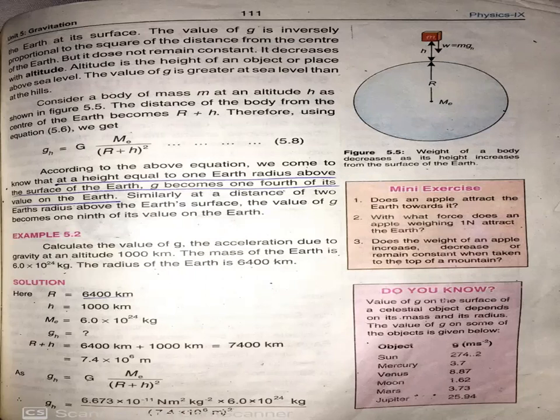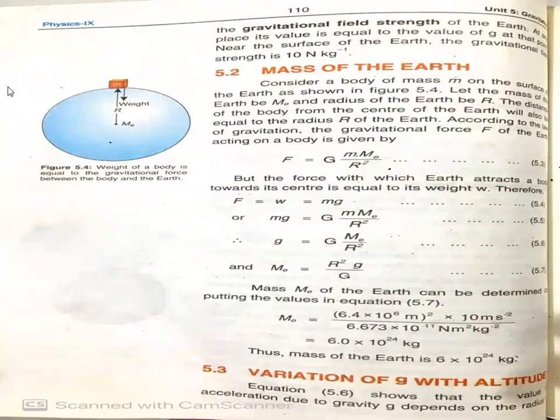In the last example, if I show you this formula, g is equal to G me over r square. In this case, acceleration due to gravity g depends upon the square of the distance. Since r is in the denominator, the relation between g and r is inversely proportional.